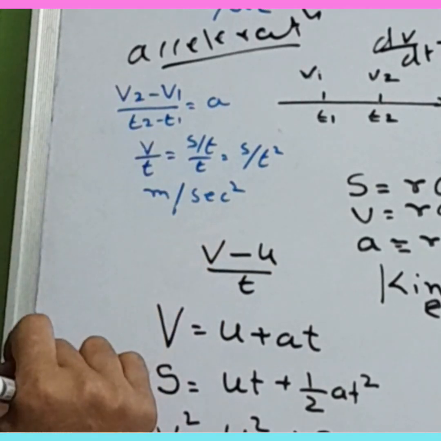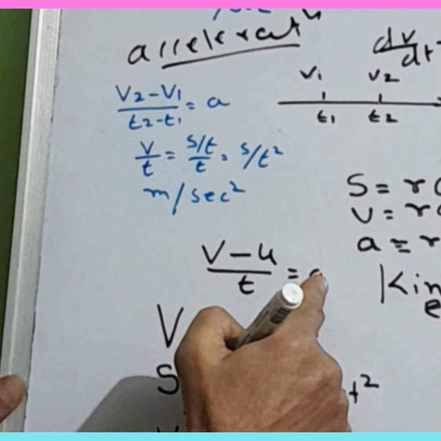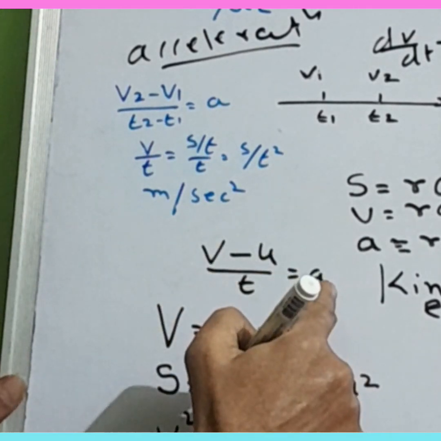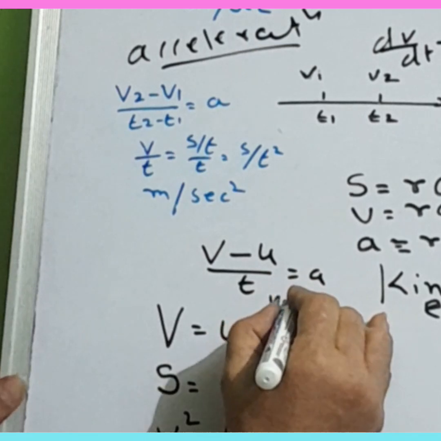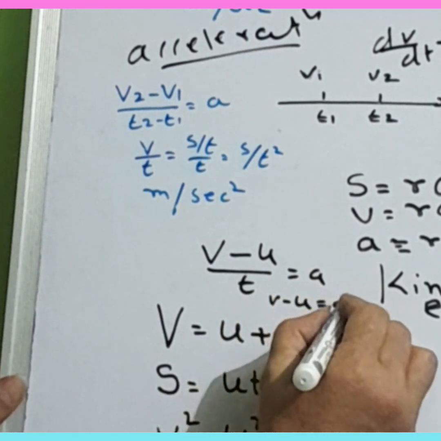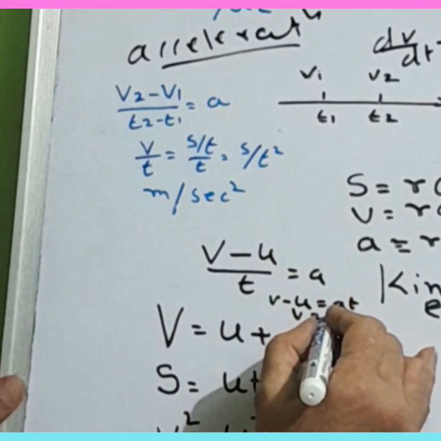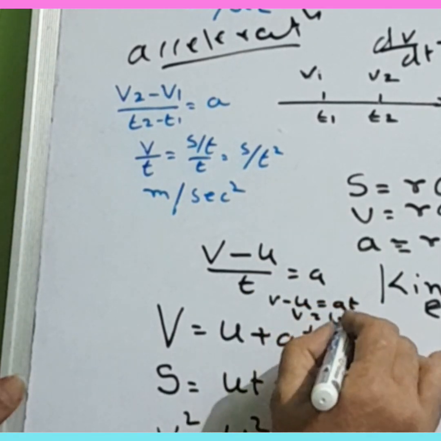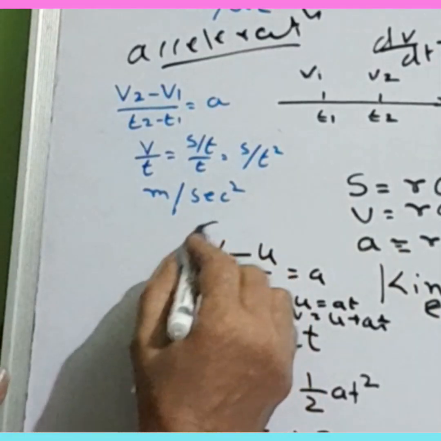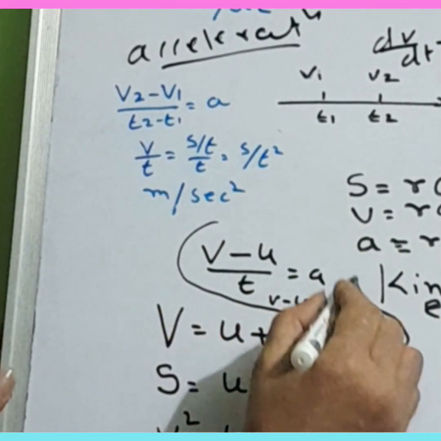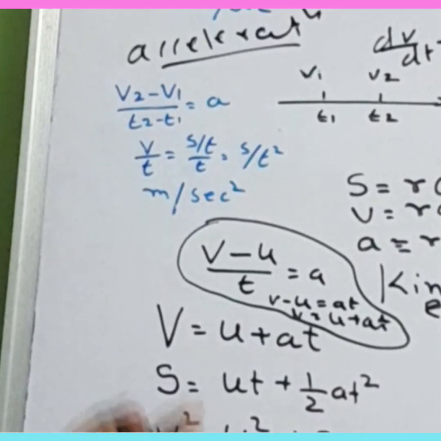So take t there and u there: v minus u is equal to at, and then taking u there, it becomes v equals u plus at. So anytime you forget, you can just go back to your definition of acceleration and derive it.